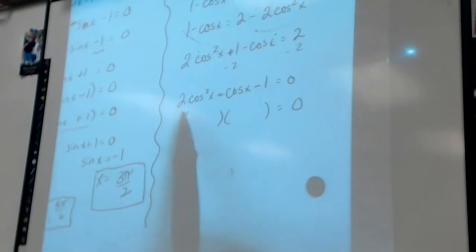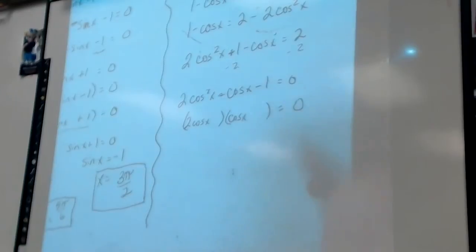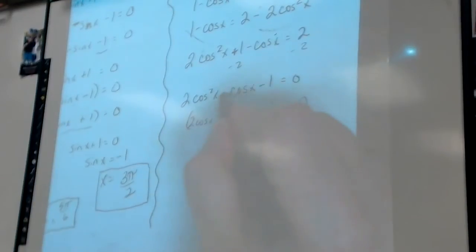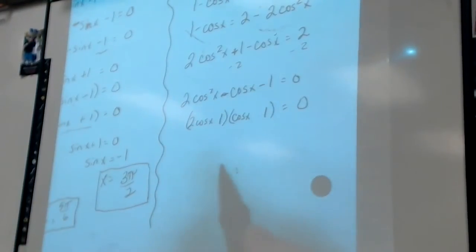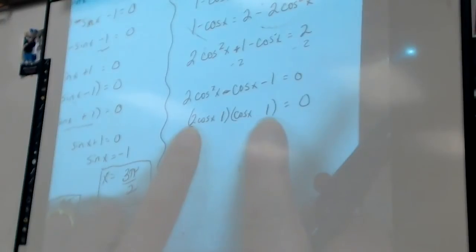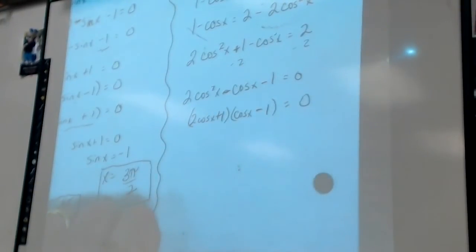All right. 2 numbers that multiply to give me 2 cosine squared x would be 2 cosine x and cosine x. Then our only option to get 1 is 1 and 1. But this time we want a negative cosine x. So when we multiply the outside, we want that to be negative if we were foiling it back together. Right? Yeah.